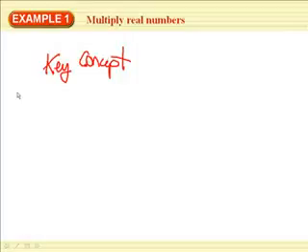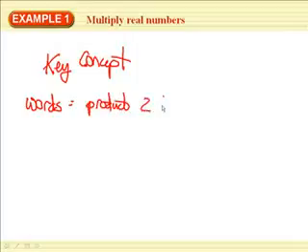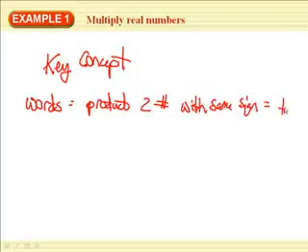But the key concept says the sign of a product. The product of two real numbers with the same sign is positive. So I'm not going to write the whole thing, but whenever you take the product of two numbers with the same sign, it is positive.